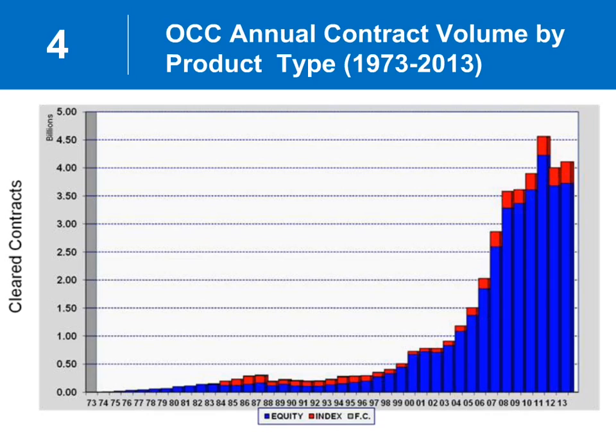So across the 12 exchanges, we average about 17 million contracts a day. And as you can see, over the last 3 years, the industry has exceeded 4 billion contracts over the course of the year.